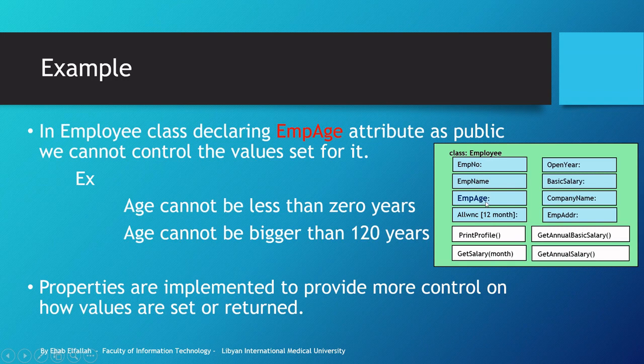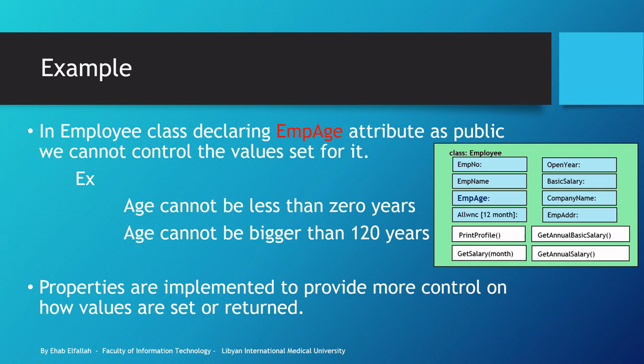If we define the employee age as a normal attribute, we can assign a value for age less than 0 or bigger than 120, and logically this is not correct. It will be accepted by the language because the language does not differentiate between correct and not correct.